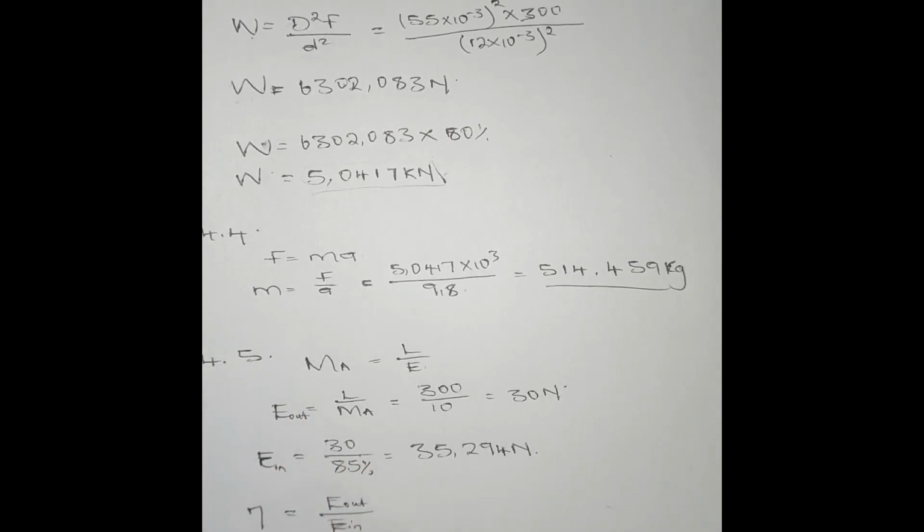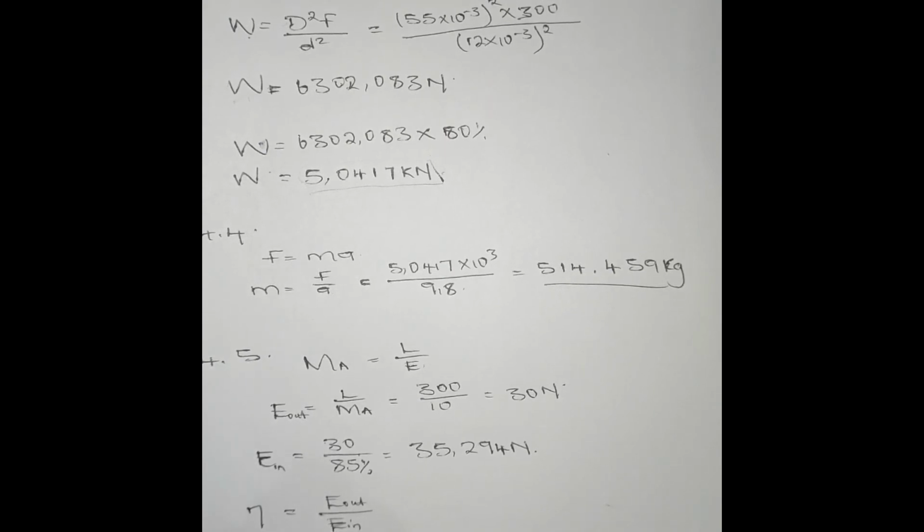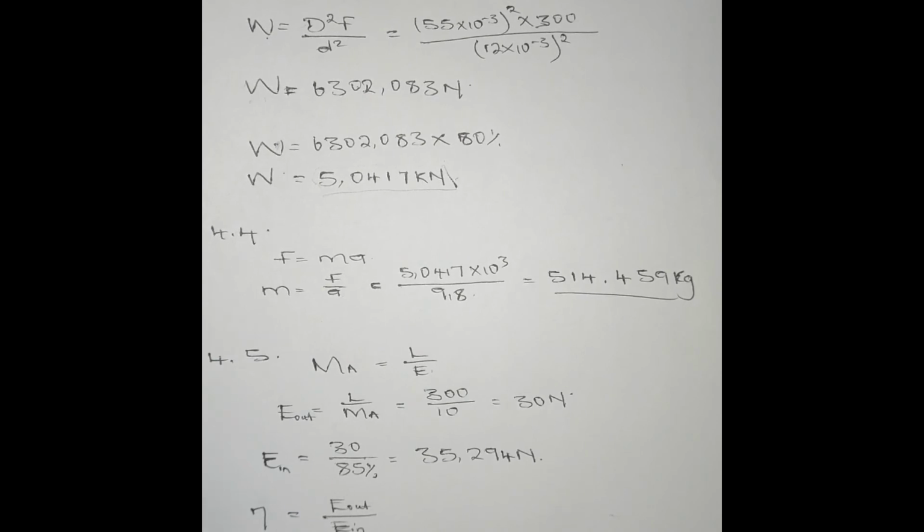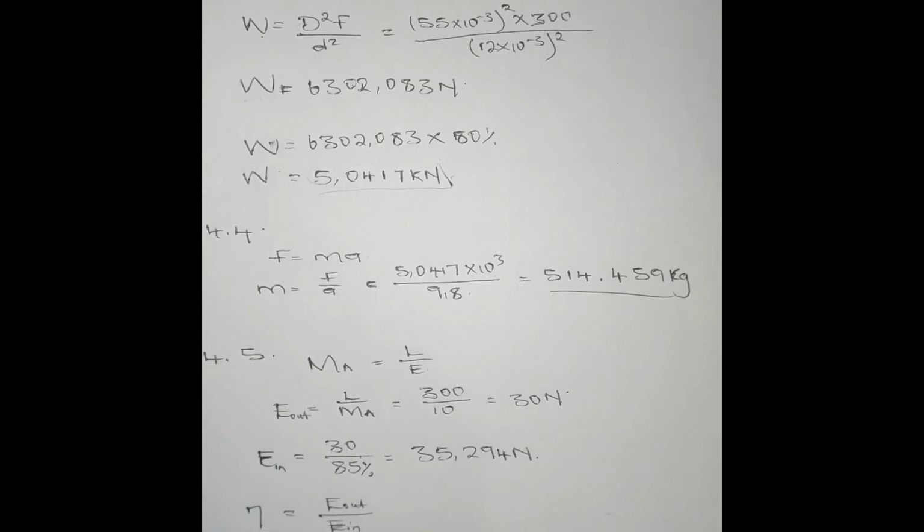If we make E in the subject of the formula, it's going to be E in equals E out over the efficiency, and this E out is 30. That's the one that's given into the hydraulic system, and the efficiency is 85%. And this is what we apply to the lever, and then some of it's lost there in the external system of the hydraulic system. So that's how this came about.